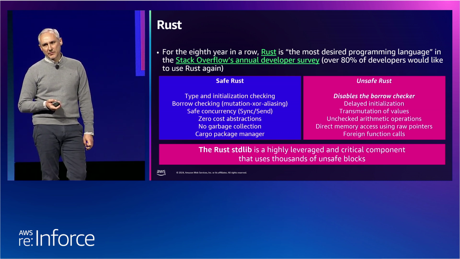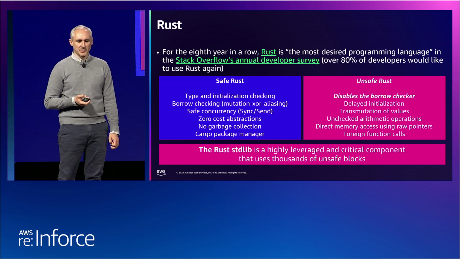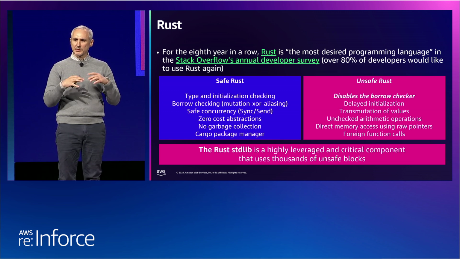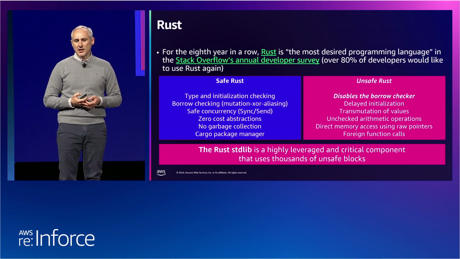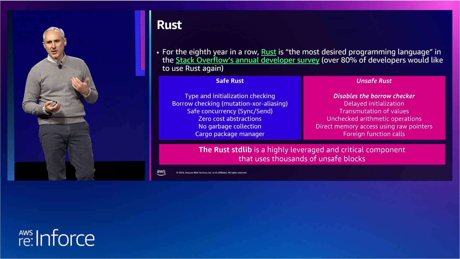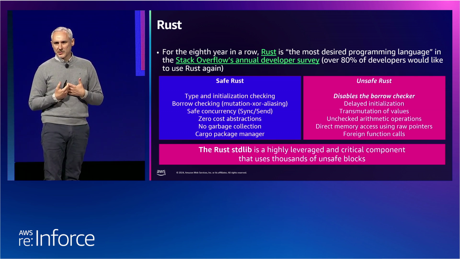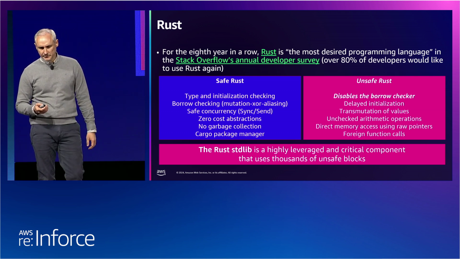If you look at the code of the standard library, it uses thousands of unsafe blocks. All these unsafe blocks are there to allow more performant implementations of the primitives, and they're wrapped in safe interfaces. But still, unsafe Rust is a reality, and automated reasoning is the proper way to ensure that your use of unsafe Rust is actually correct.